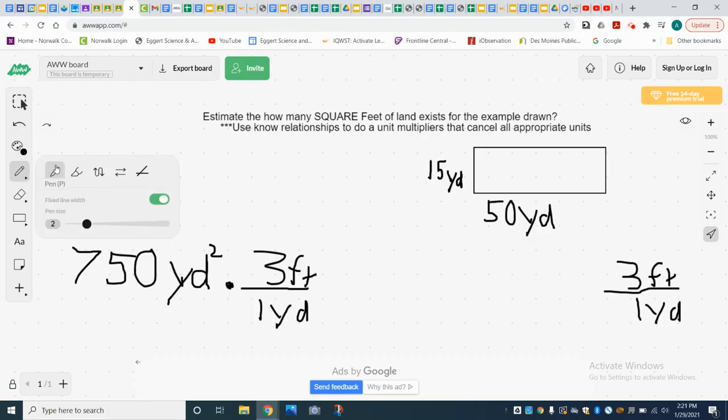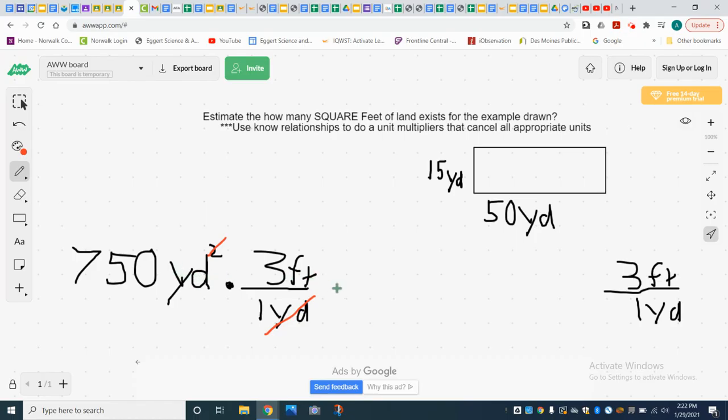I'll use red to show crossing off. Now, if you remember, we got yards squared from multiplying a yard times a yard. So this yard in the denominator of my unit multiplier only cancels one of the yards that's up here squared.